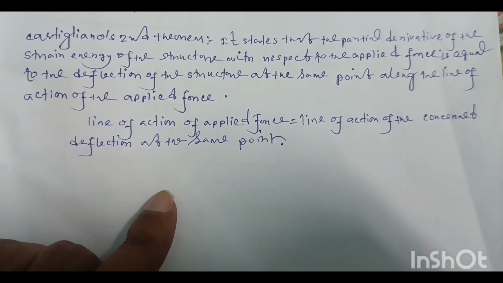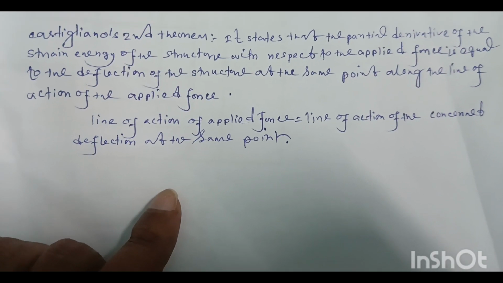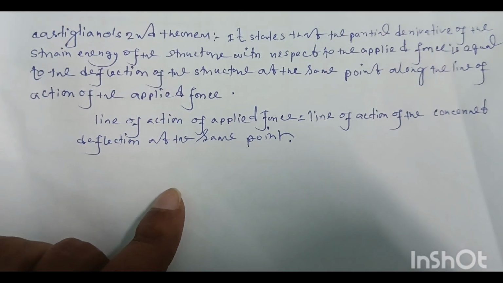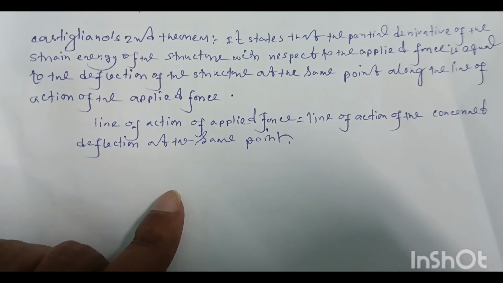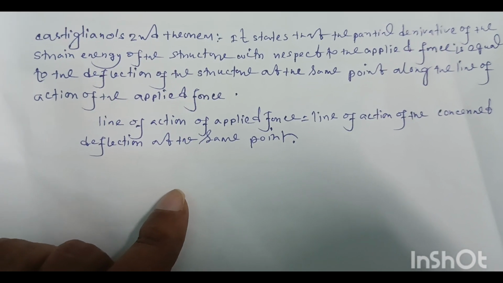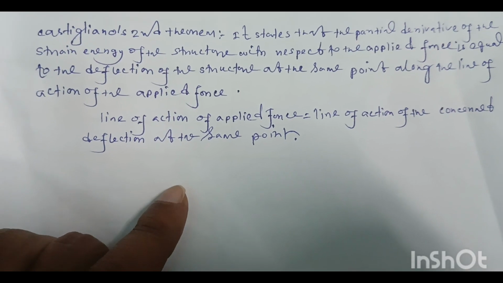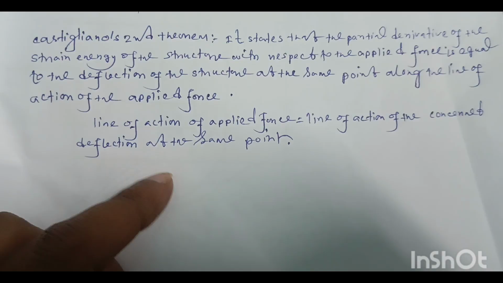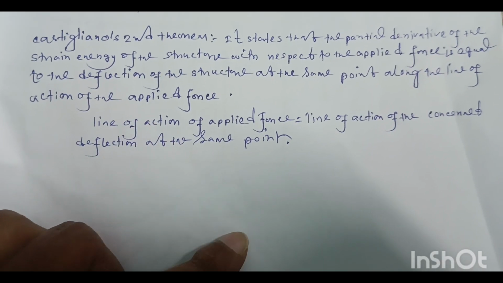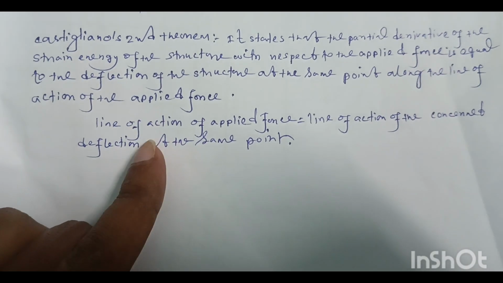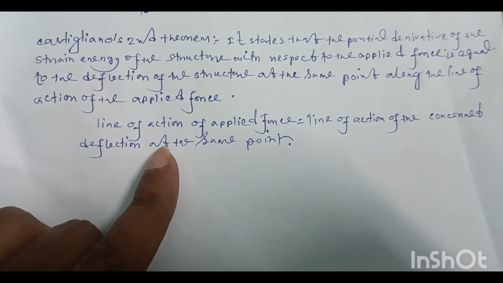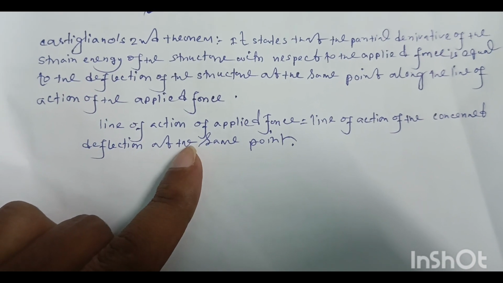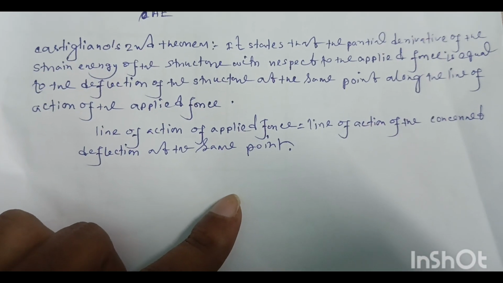Castigliano's second theorem states that the partial derivative of the strain energy of the structure with respect to the applied force is equal to the deflection of the structure at the same point along the line of action of the applied force. So the deflection will be in the same line of action as the applied force, and at the same point where the force is applied.